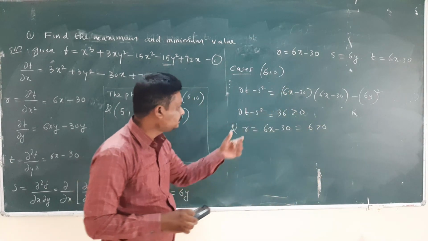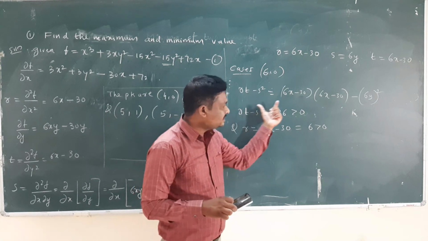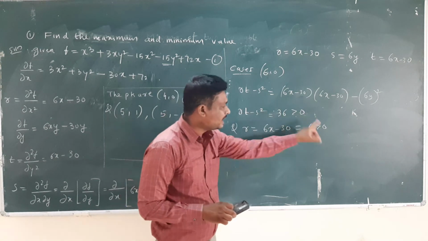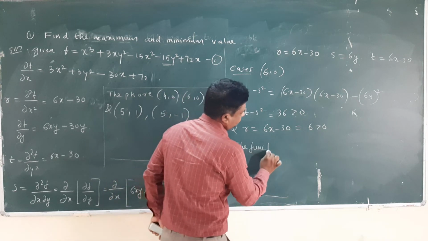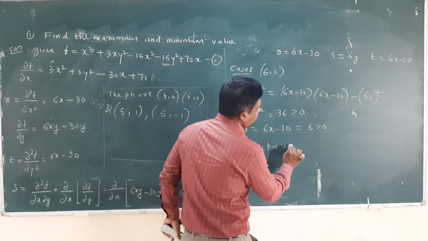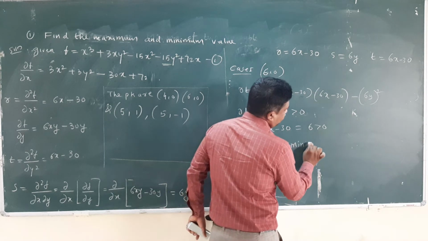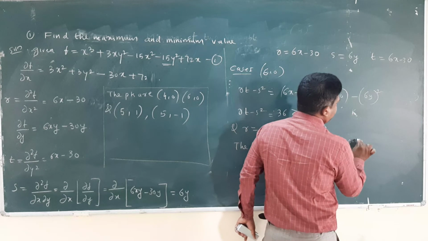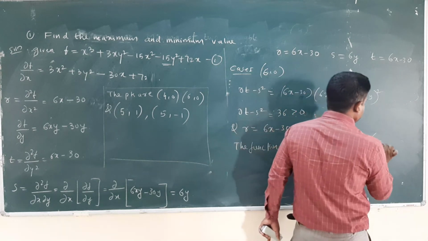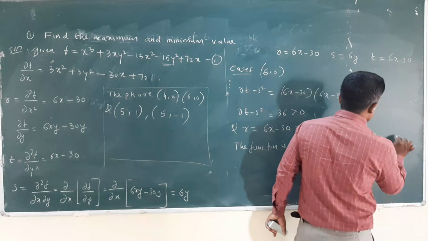Here in this case rt minus s square is greater than 0 and the value of r is also greater than 0. Therefore, the function is minimum at the point (6, 0).